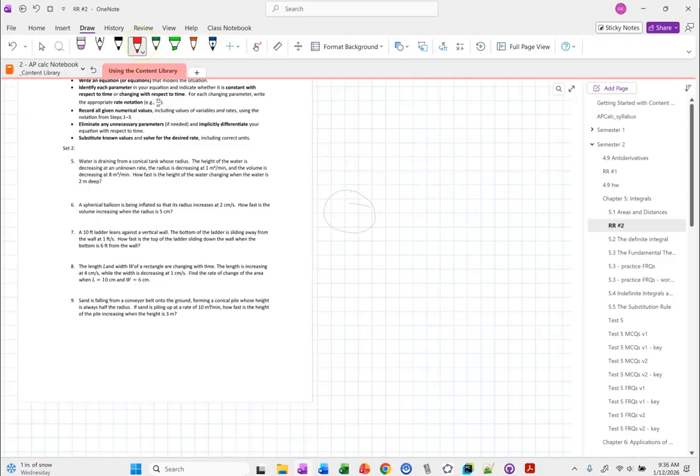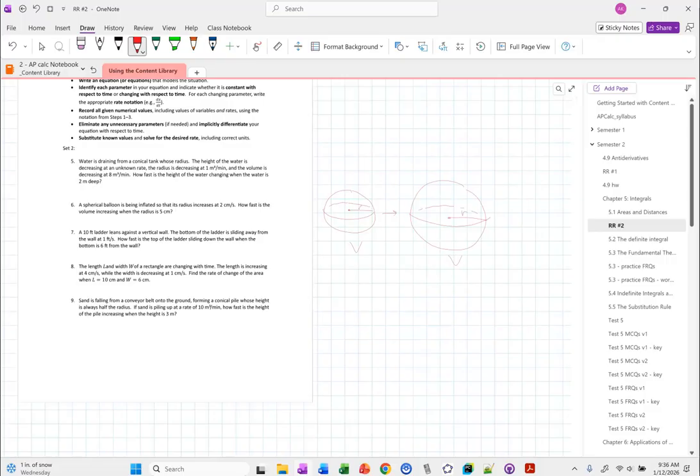So there's my spherical balloon, and it says it's inflating. So I'm going to draw my picture where I'm showing the change happening. Oftentimes that's helpful. And it's asking about the volume increasing and the radius. So the V and the R are the two pieces I need.